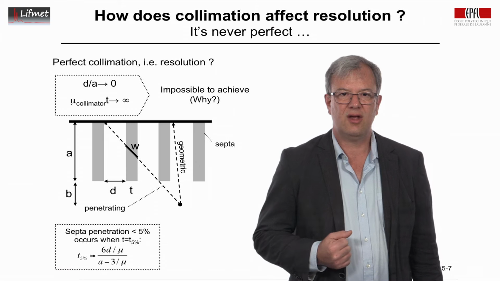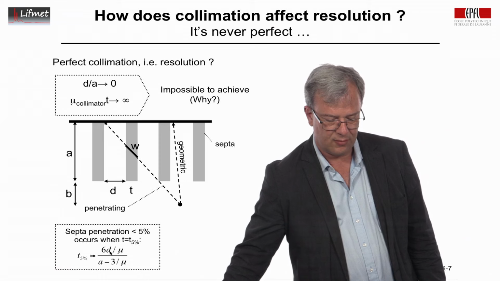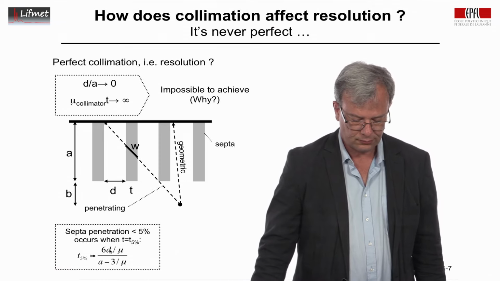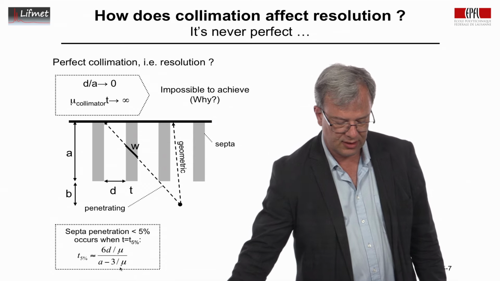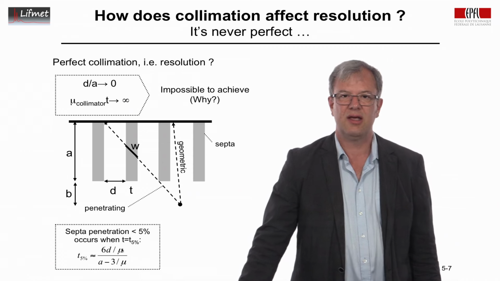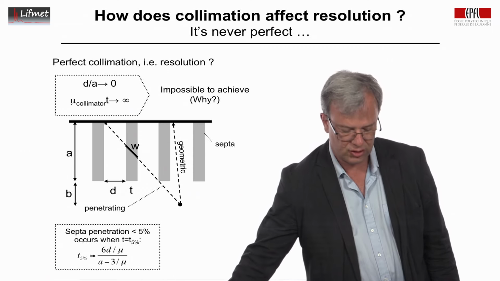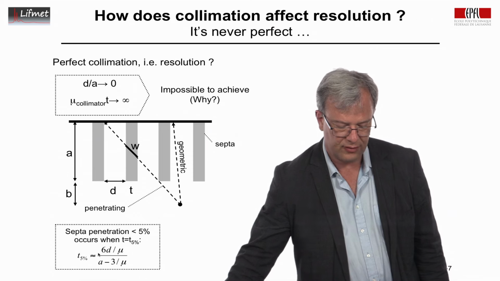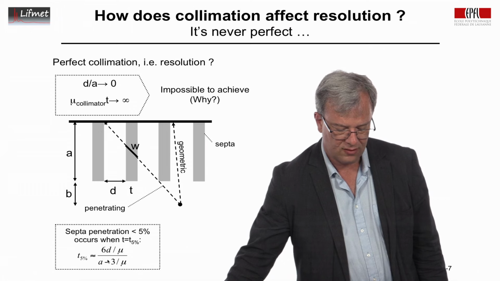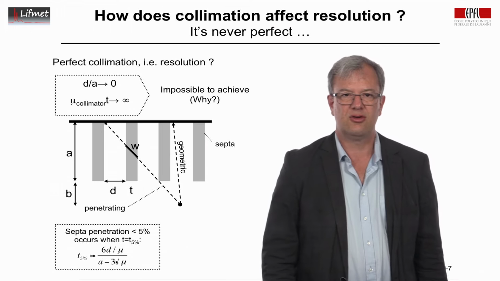It says that this thickness is roughly proportional to the distance between the septa divided by the linear attenuation coefficient. That makes sense. This thickness becomes thinner the higher the linear attenuation coefficient, and it is inversely proportional to the length of the septa here, the length A, minus a correction term that involves the linear attenuation coefficient.